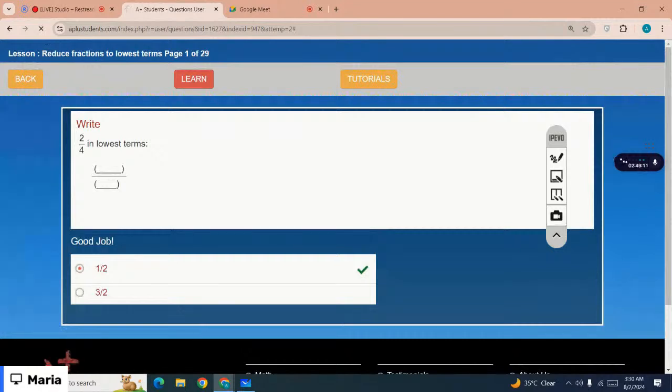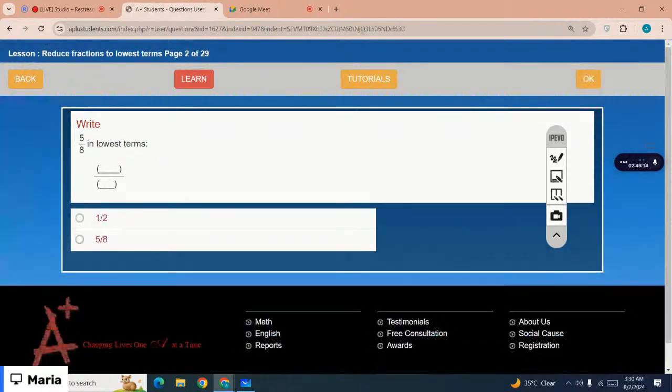Okay, the next one is write 5 over 8 in lowest terms. So which is the correct option? Do we have a greatest common number that can divide both numerator and denominator?